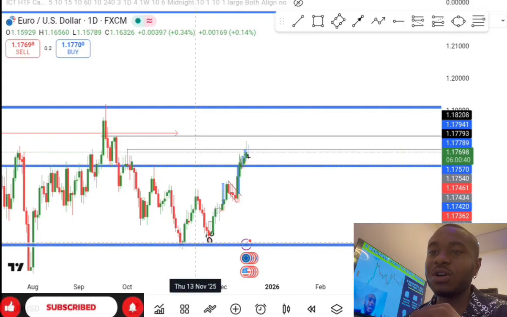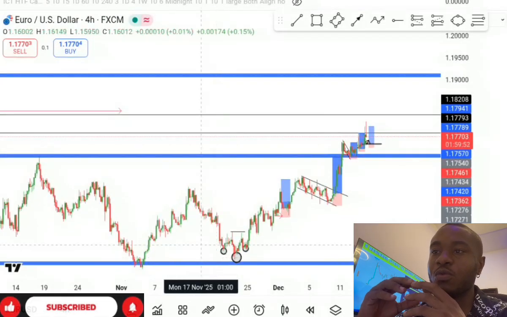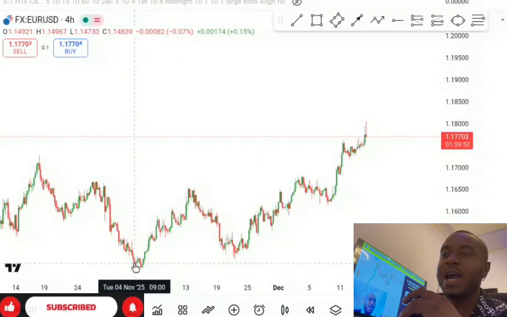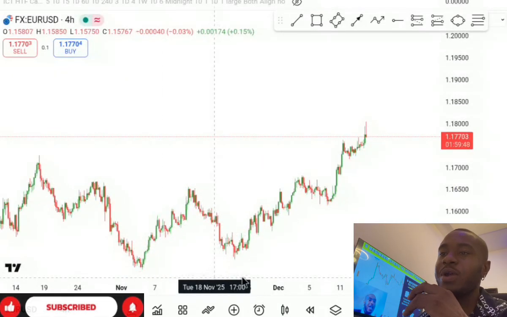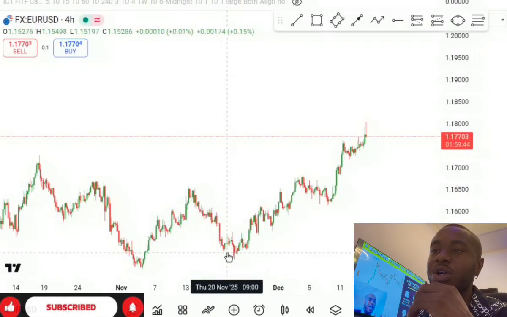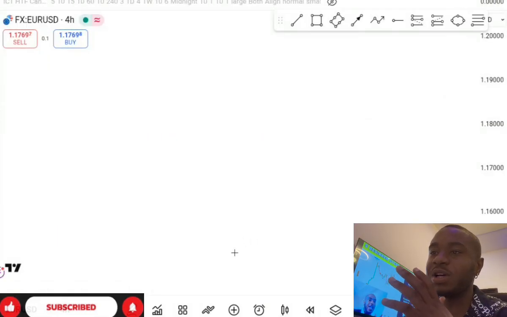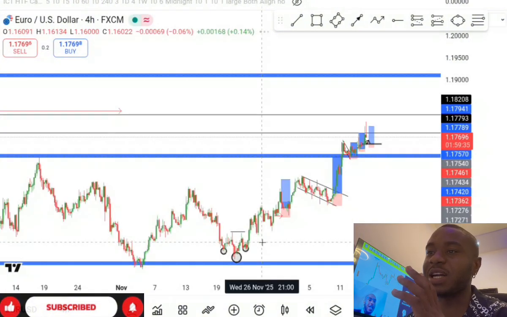So after I saw this double bottom on EURUSD here, I already knew that EURUSD would be going from lower lows to higher highs. If you really know about chart patterns, you can drop a comment about this chart pattern. What's the name of this chart pattern here? I'm not going to say the name of this chart pattern because this is a very clear chart pattern.